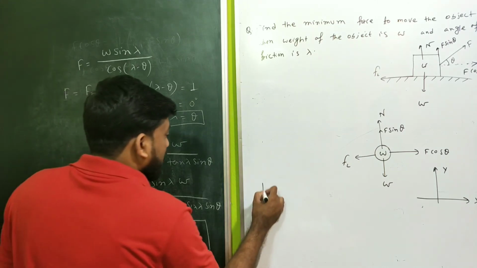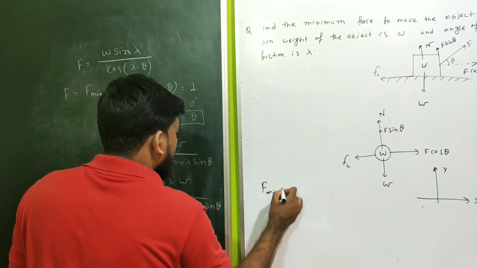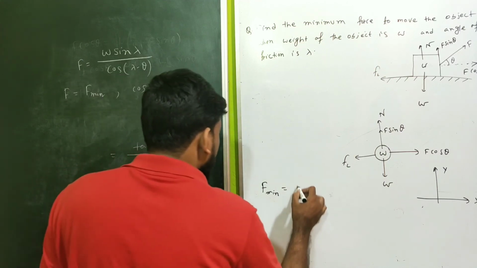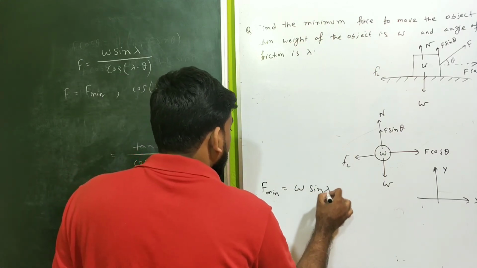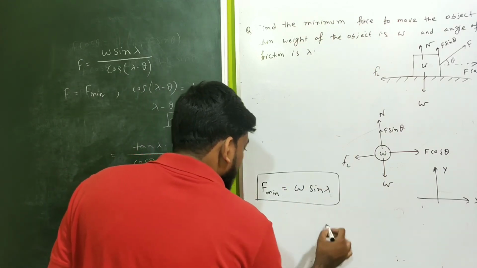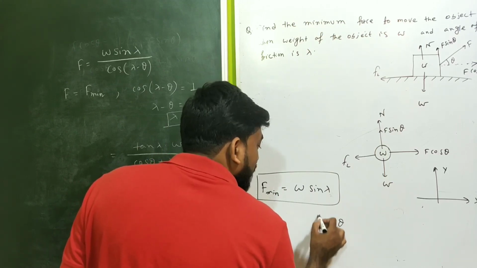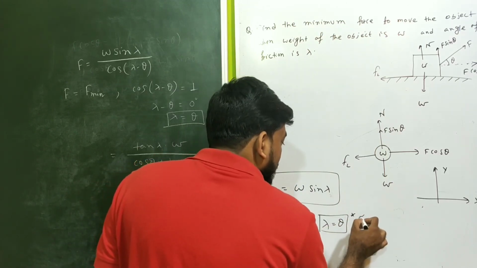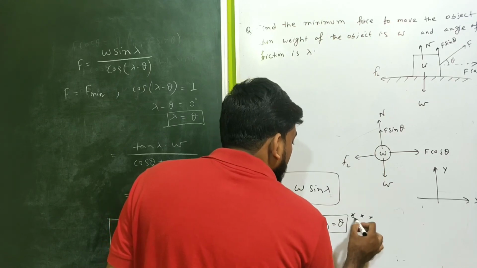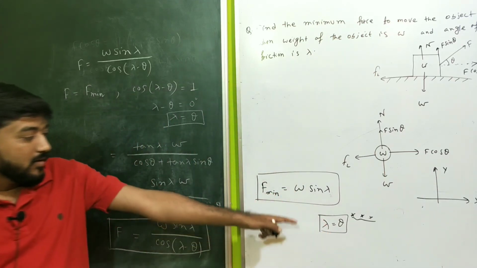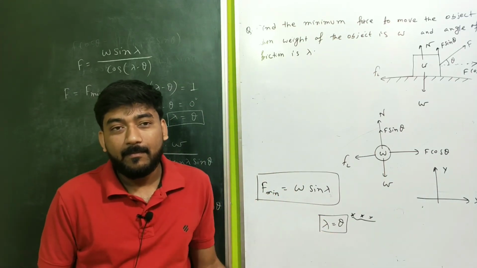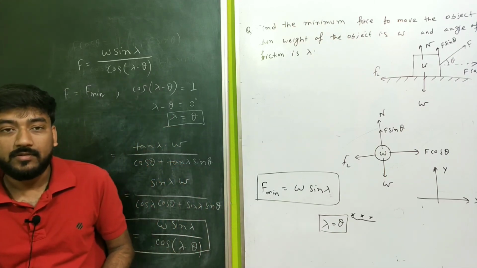This is the minimum force, and the condition for minimum is very important, that is lambda is equal to theta, and this remains the same always. I will suggest you remember this result for MCQ questions. Okay, thank you.